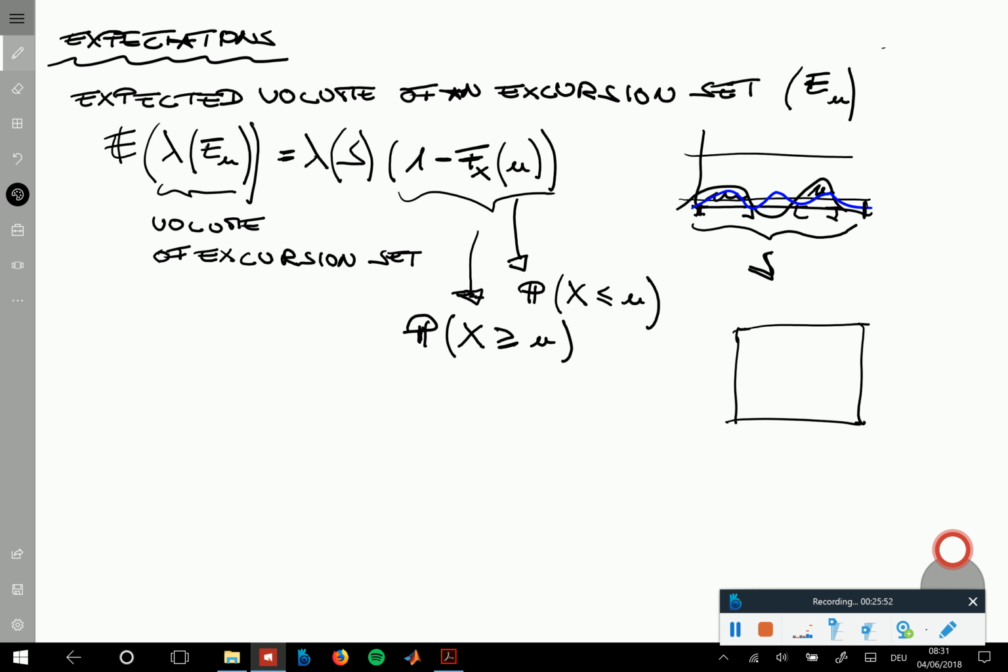The volume of this thing is, in this case, it's a rectangle, so the Lebesgue measure is 1 here. The probability is 0.5. Then the expected value of the excursion set at this threshold level is 0.5.